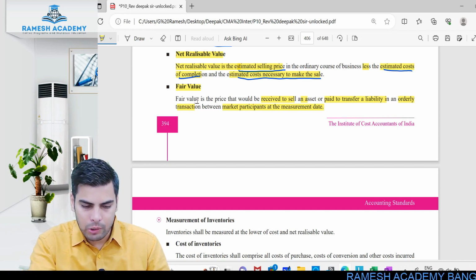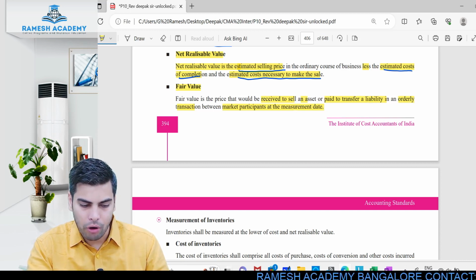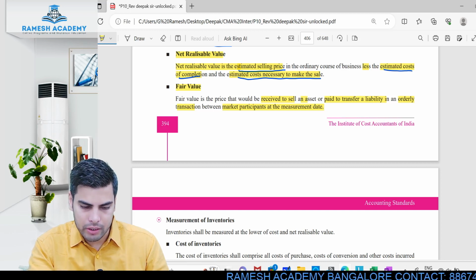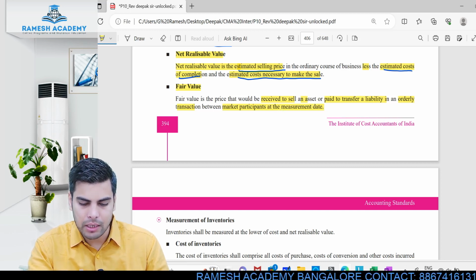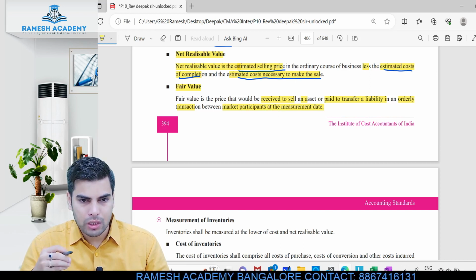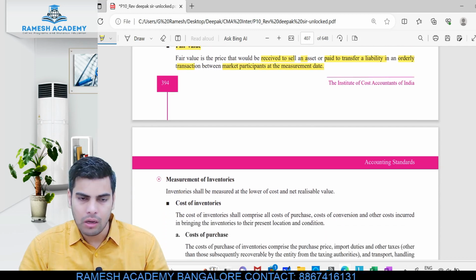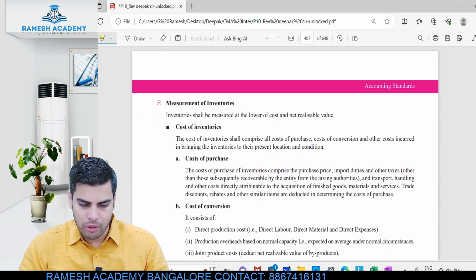On a particular date, at what price are you transferring this particular asset or liability? That particular price itself will be treated as fair value. Not much important again.